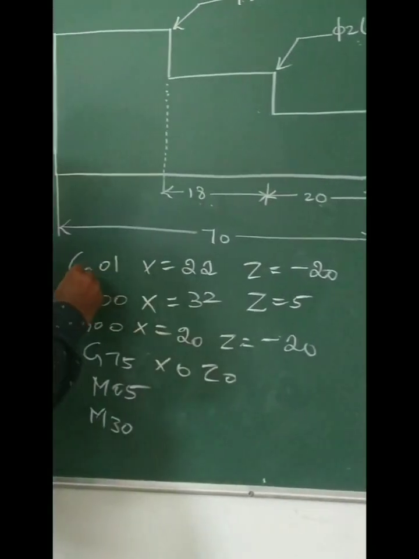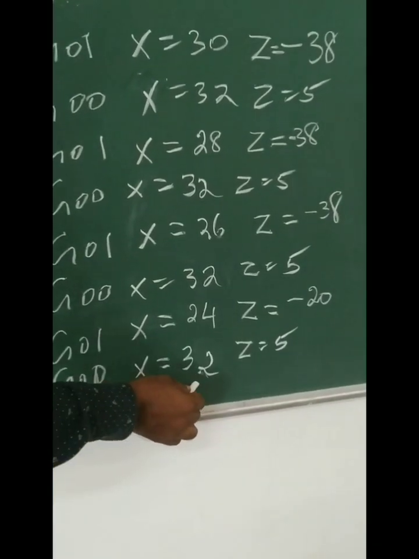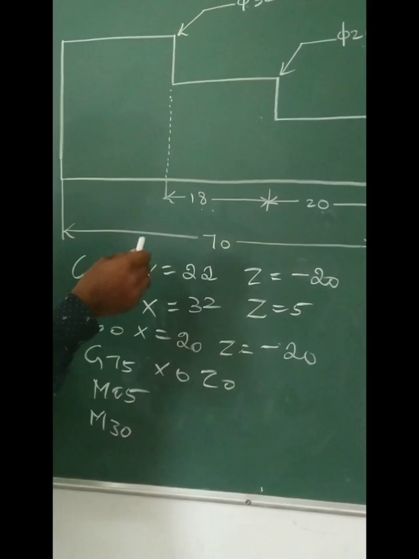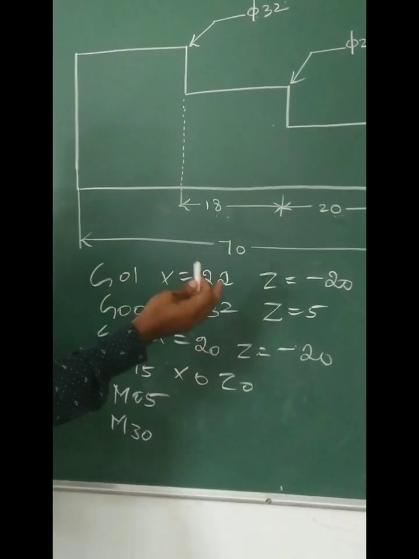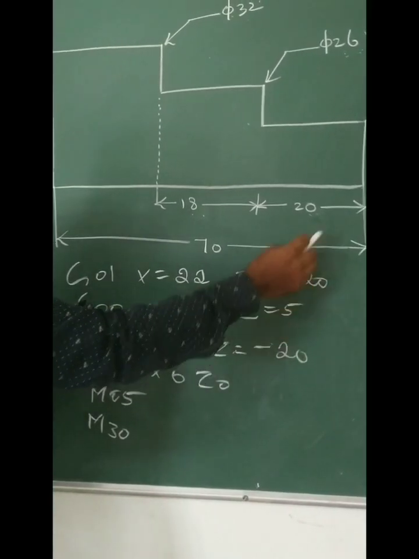So we have completed up to G00, X equal to 32, Z equal to 5. Already the diameter has been reduced from 26 to 24. Now we have to reduce the value to 22. So G01, X equal to 22, Z equal to minus 20. That is the length.